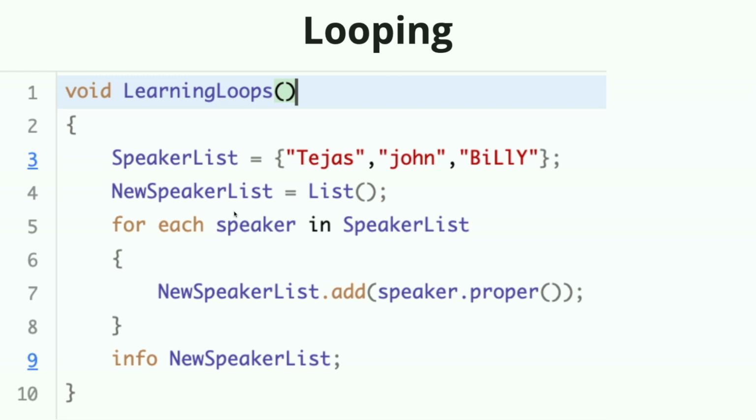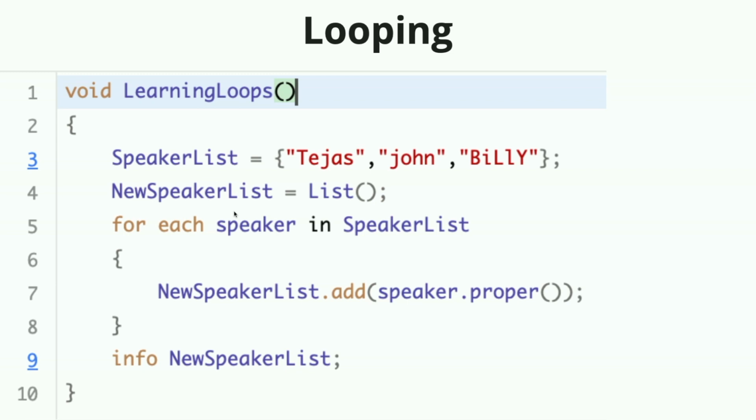One thing we could do is create a new list called new speaker list, and then we could loop through all of the speakers in our original speaker list, Tejas, John, Billy, and take this set of actions. Each time we get one of those people, we're going to add them to our new speaker list, but we're going to apply this proper function, .proper, and that will reformat their names into a proper noun format.